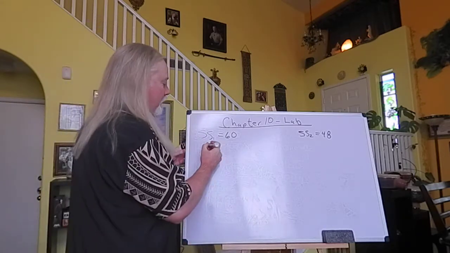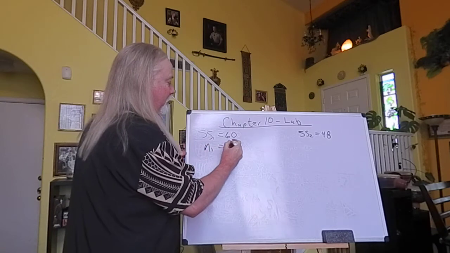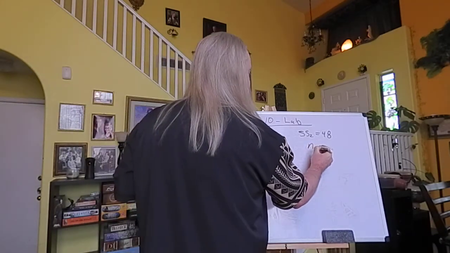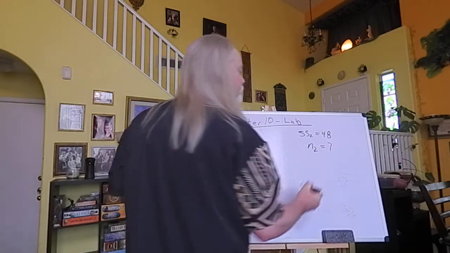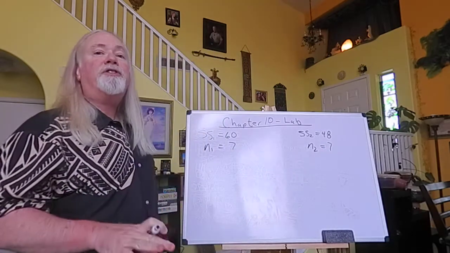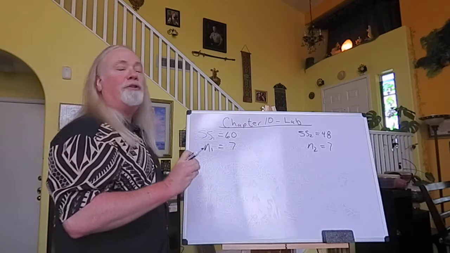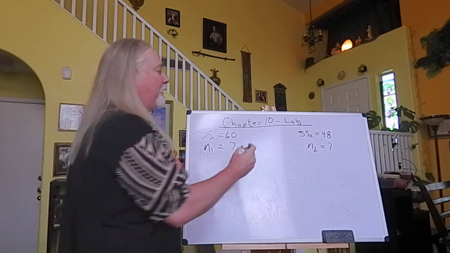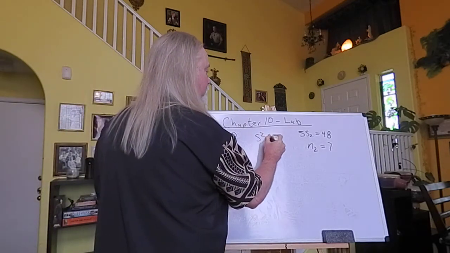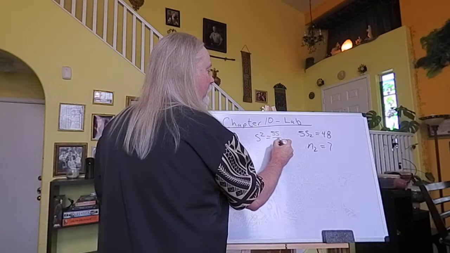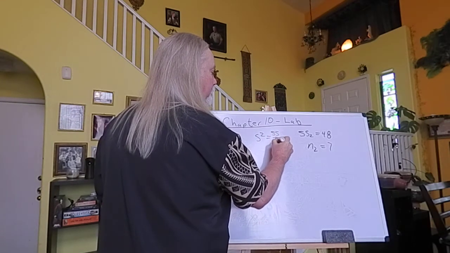So here we know that this sample size is 7 and this sample size is 7. And the problem said first calculate each sample variance separately. So let's remember the formula for sample variance is sums of squares over degrees of freedom.